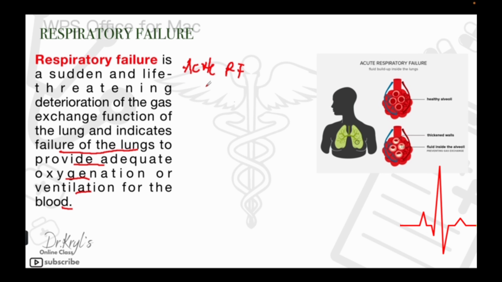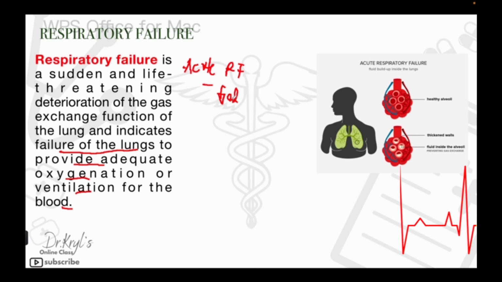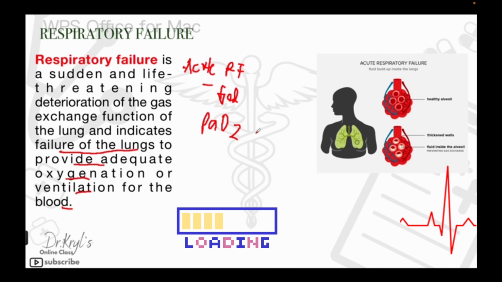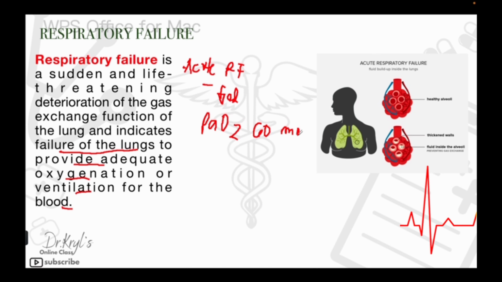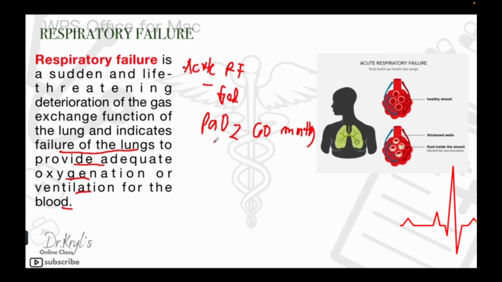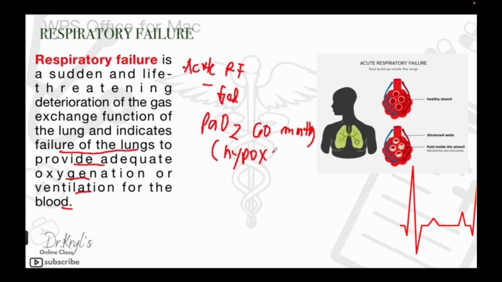So when we see acute respiratory failure, there's a decrease in arterial oxygen tension, at less than 60 millimeter mercury, or when we observe that the patient already has hypoxemia. Okay?